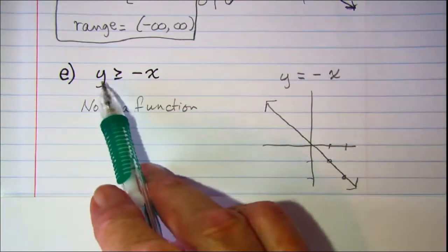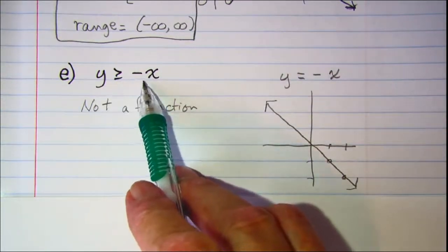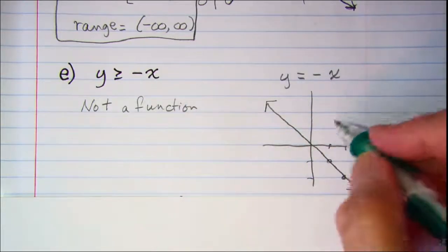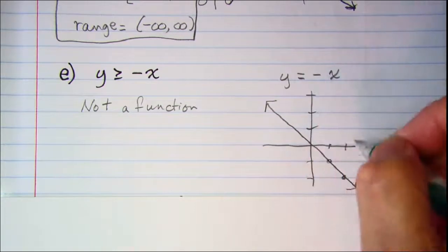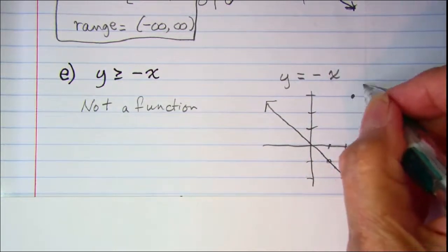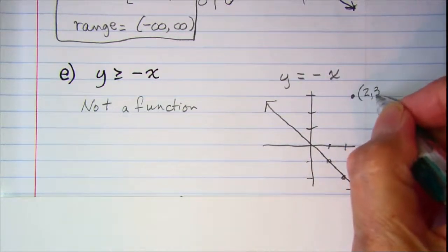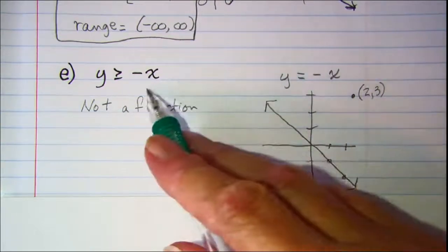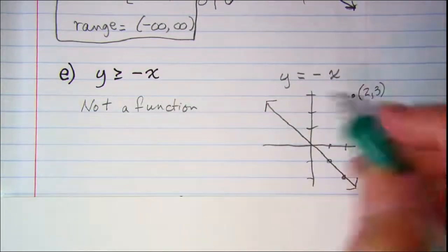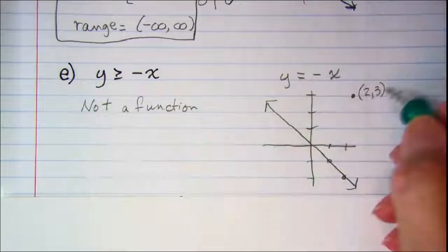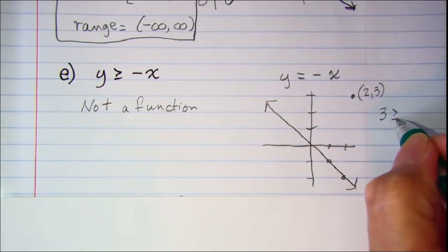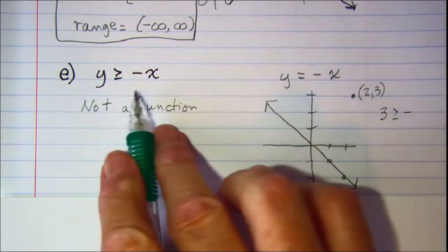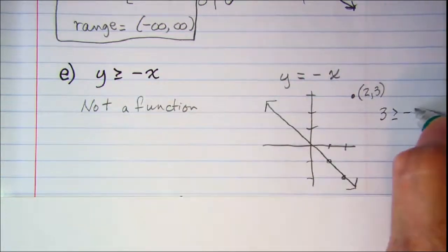Well, if we want y greater than or equal to negative x, then we can look at the point 2, 3, and if we check that out with our inequality, our y value is 3, so we'd be saying 3 is greater than or equal to a negative, and then x is 2.